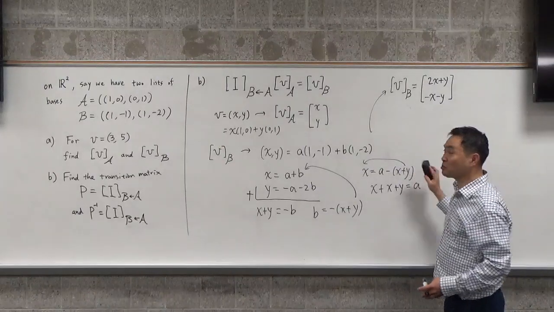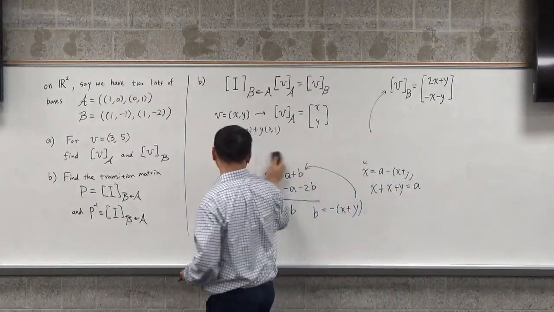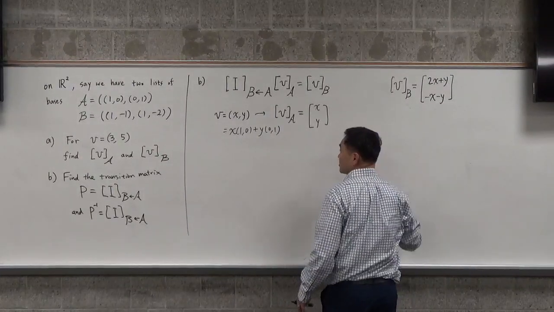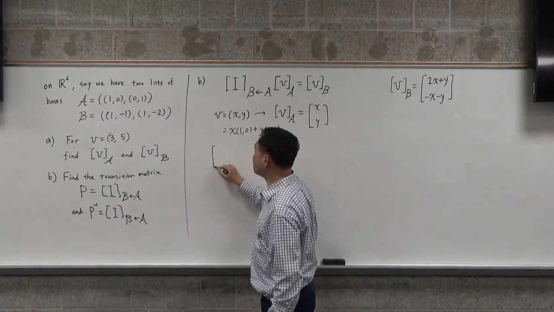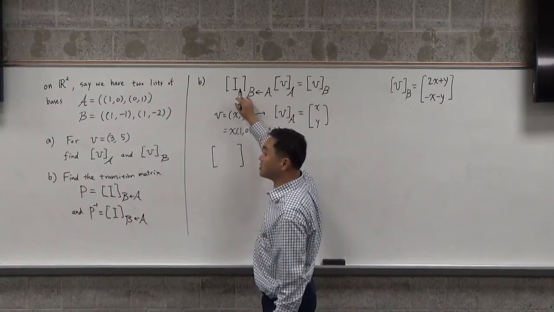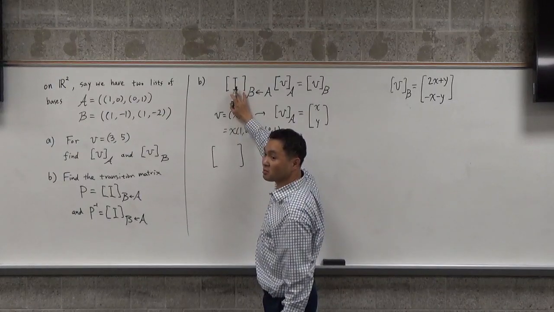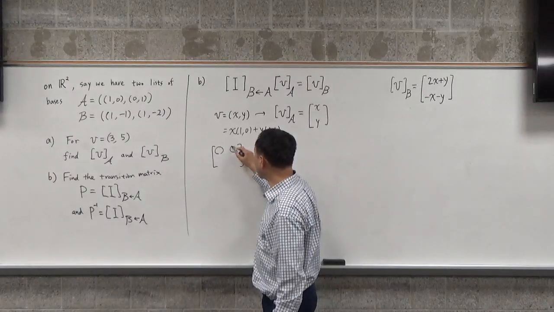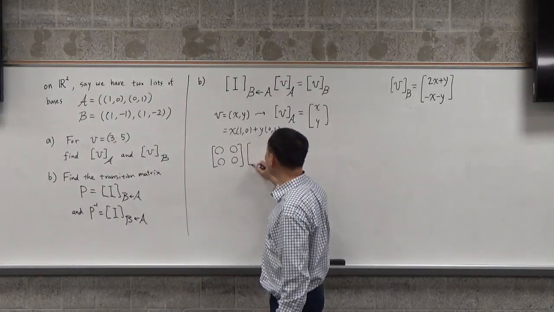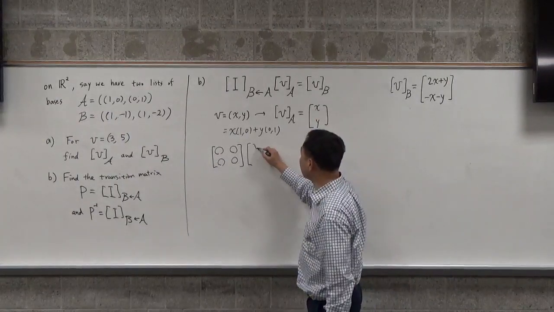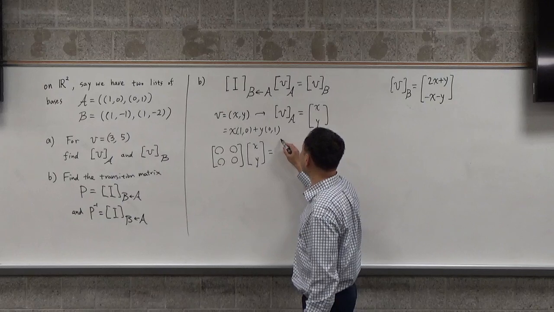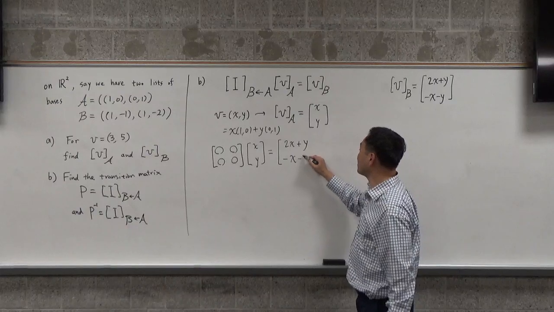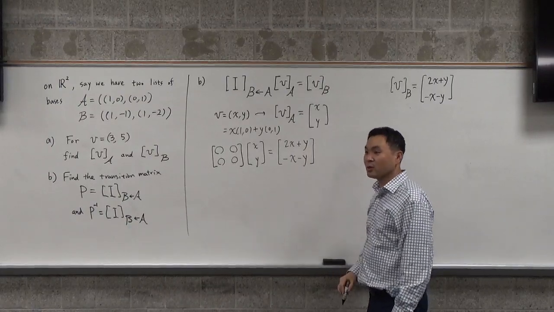Now I have to figure out the transition matrix. So this transition matrix is because this operator is from R2 to R2. It's a 2 by 2 matrix. So I need to figure out what these numbers are. Times VA is XY. And that has to be 2x plus y, negative x minus y. Okay.